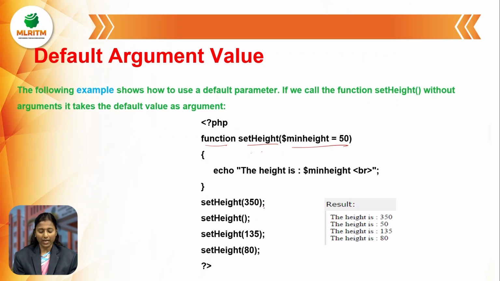Here, whatever height has been given is printed. But in setHeight, whatever value has been given in the argument will be printed, and then the remaining values that have been set will be printed. By default, if we do not give values in that function, then it will take the default value. Okay, this is a default argument value.